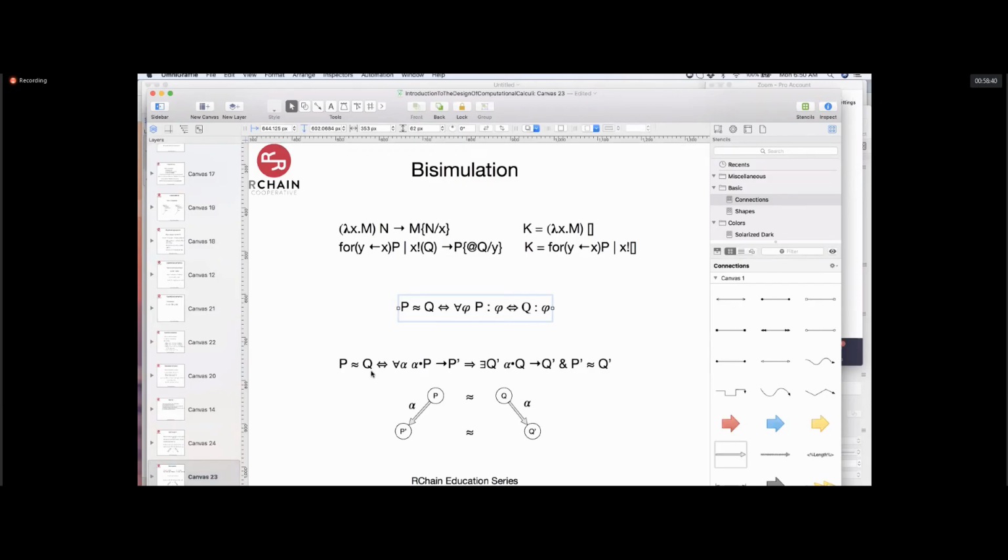That's strictly weaker than bisimulation in the presence of non-determinism, right? Because trace equivalence can't detect non-deterministic branching.